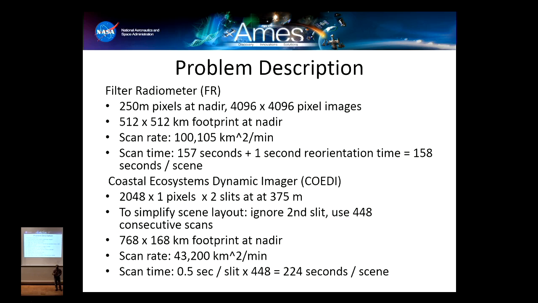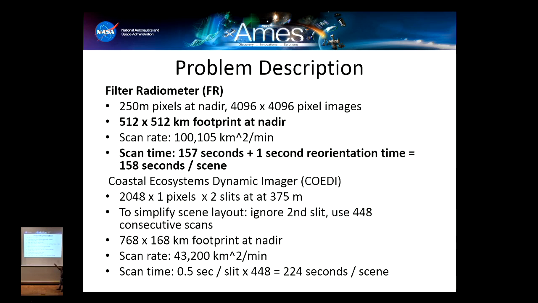Without belaboring some of the complexities of the instrument design, there are two features of the instruments that are important to us. The first one is how much of the surface is observed when the satellite is pointed at a particular place. And you'll notice in particular, I have this notation at nadir. As it turns out, when these satellites are pointing off nadir, the scenes are distorted.